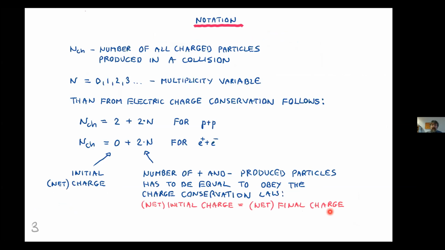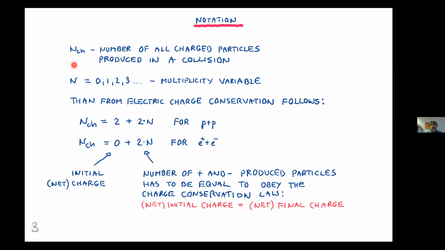And now let's introduce the notation I will use in the first part of my presentation. N_ch, the number of all charged particles produced in a given collision. When you study this N_ch in 4π in particular, you see immediately charge conservation. Initial charge has to be equal to final state charge.